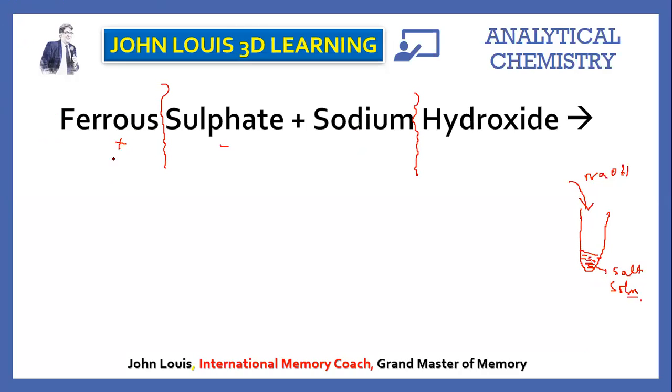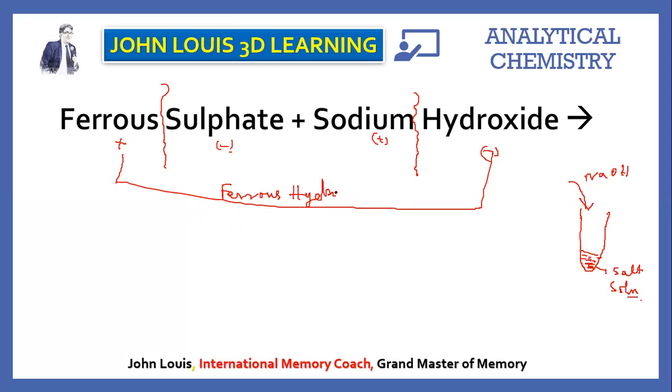Positive of the first compound will react with negative of the second compound, and positive of the second compound will react with negative of the first compound. Therefore, what will be the answer? Ferrous hydroxide plus sodium sulfate.